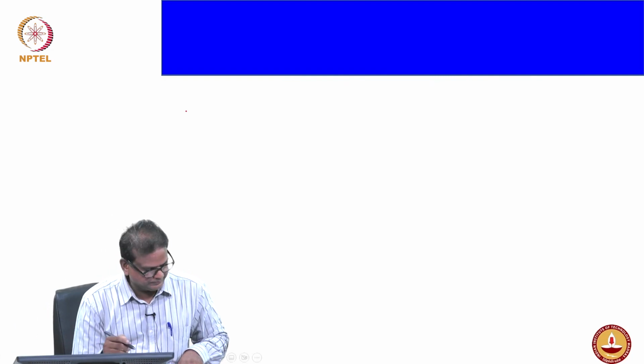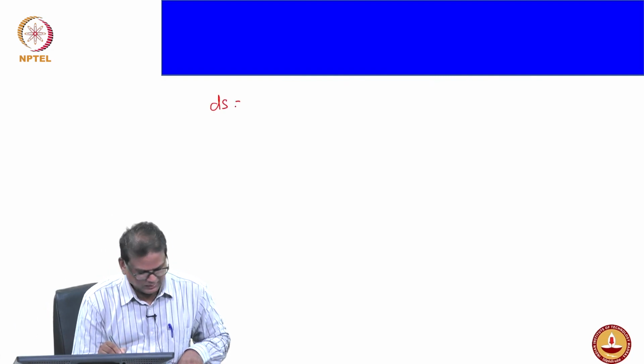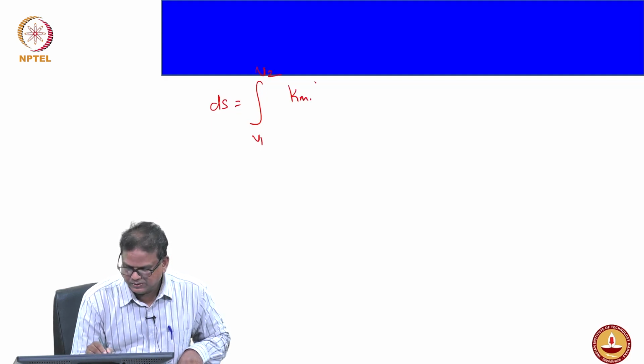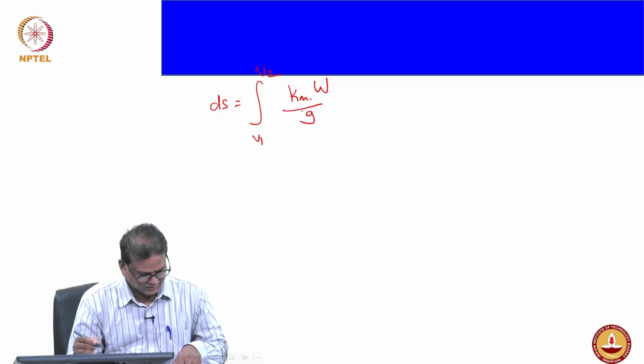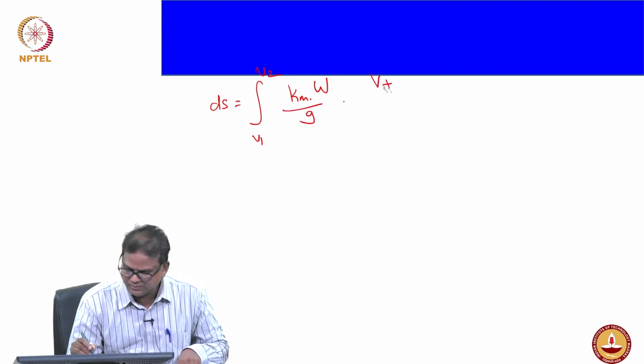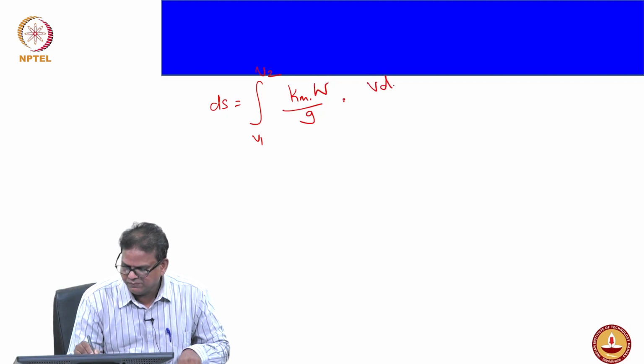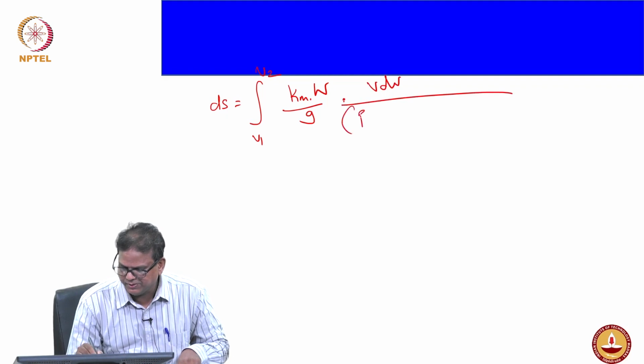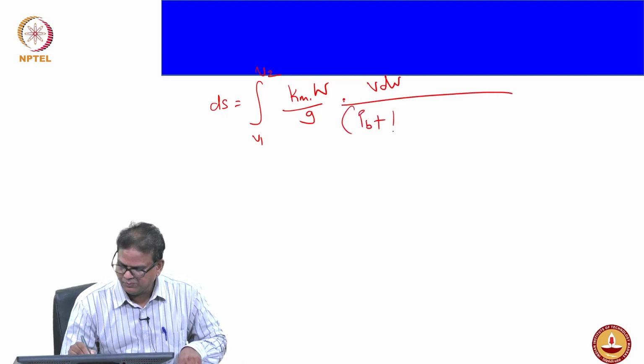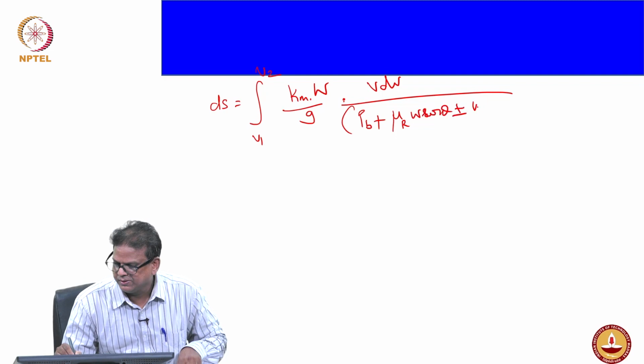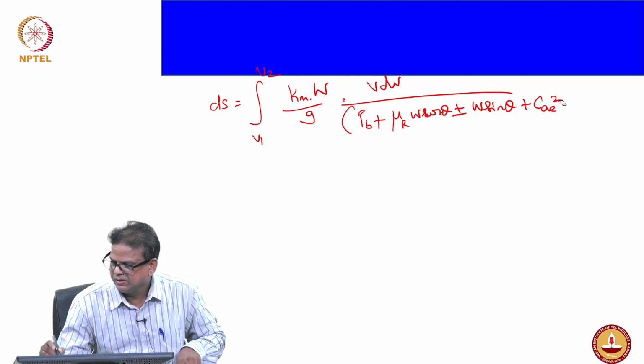If I do that, ds equals the integral from V1 to V2 of Km W by G times V dV divided by PB minus mu R W cos theta plus or minus W sin theta plus CAE V square.